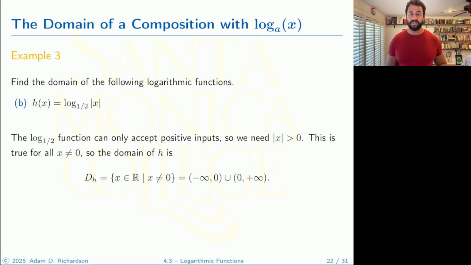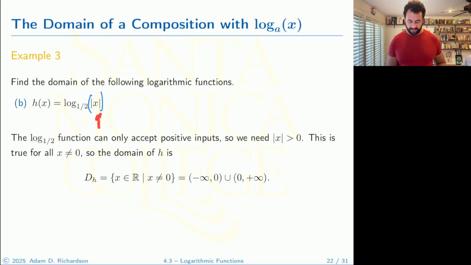Now, the next one is similar. You just got to remember, actually, this is one of those times where we omitted the parentheses because it gets cluttered looking. What's going into this log function is the absolute value of x. So in order for the log function to be able to process this thing, it has to be positive. Well, good news about absolute value is it basically makes everything positive or equal to 0, right? It makes everything non-negative.